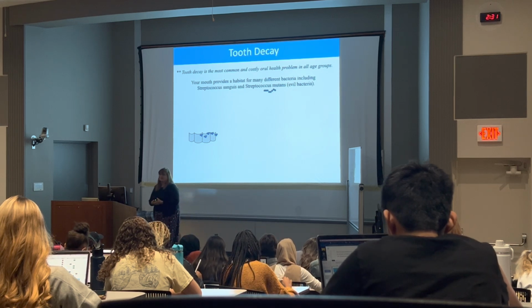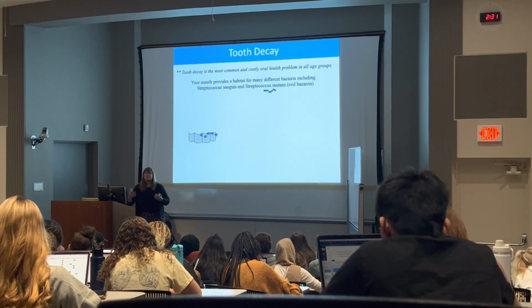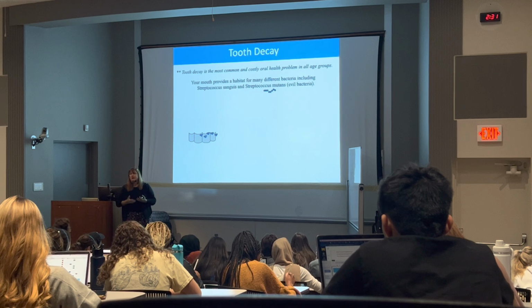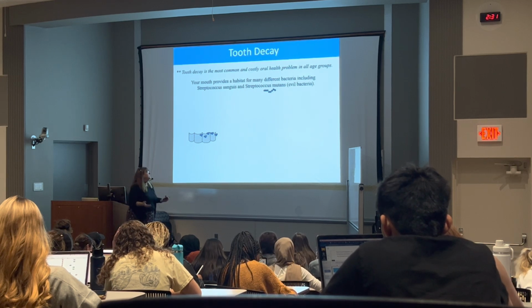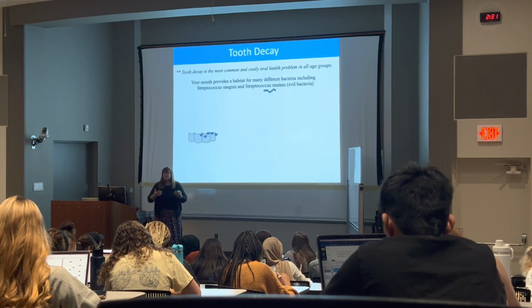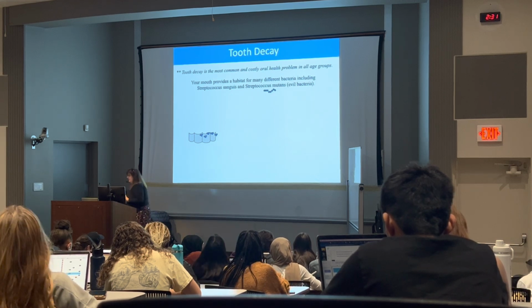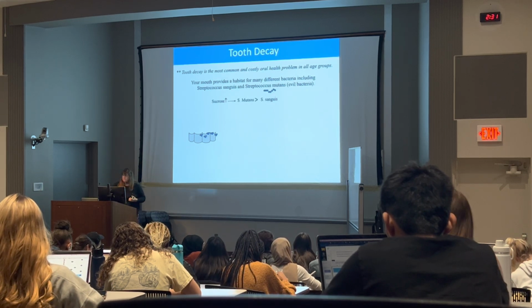That's the healthier bacteria. When you eat sugar, you encourage the evil bacteria, the mutans, to grow, and they outgrow the area of the sanguis. So they take up all the room when they do that, and they keep growing and growing and growing.